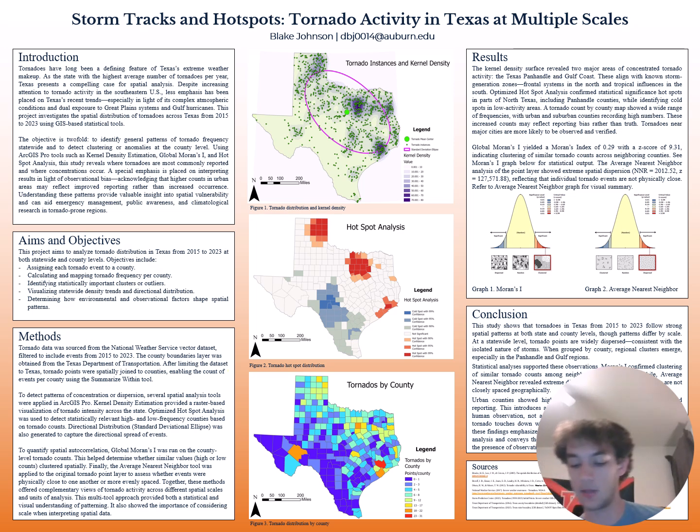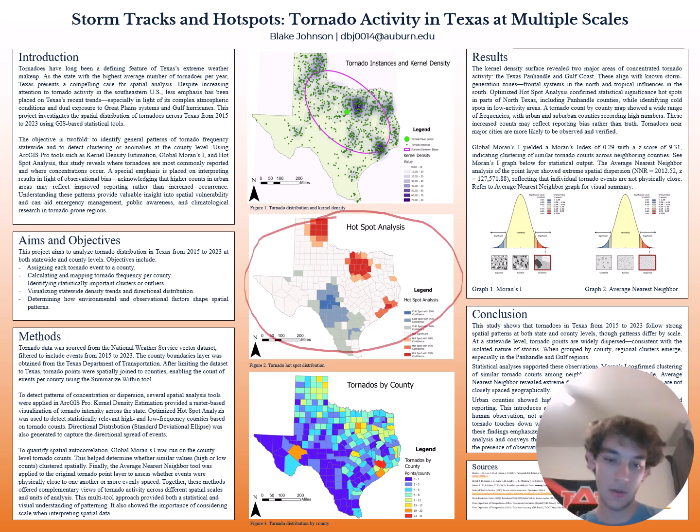After that, I used Summarize Within to generate this layer down here, a more simple, user-friendly analysis of which counties have more tornadoes. Then I ran an optimized hotspot analysis, which you see here. Finally, I ran this kernel density you can see up top, and got the standard deviational ellipse and a mean center for all the events within the state for the time frame.